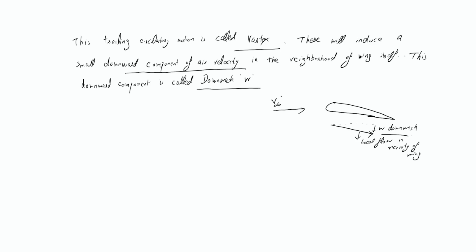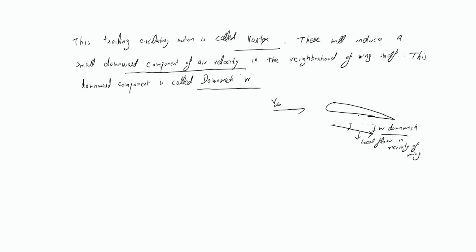Now you understand why we generally denote far upstream velocity as V infinity, because when the flow is near the body, the flow no longer remains the same as it was far upstream. Now the flow is actually inclined, in fact downward, because of the downward component of velocity, inclined by this angle.